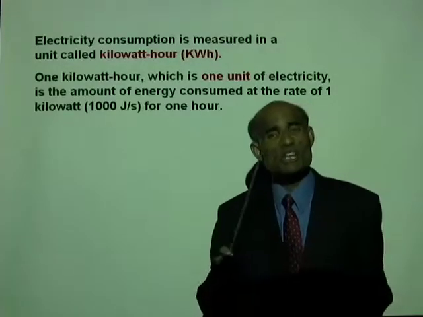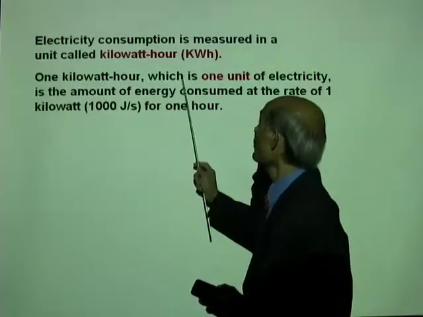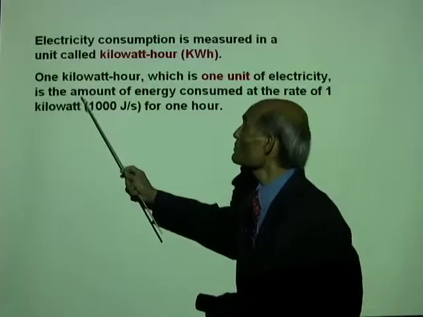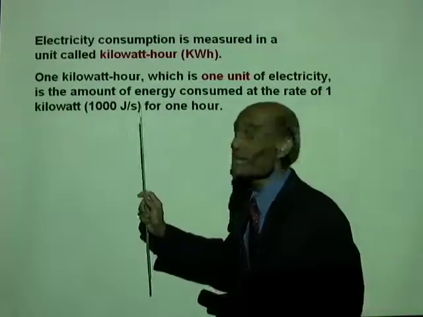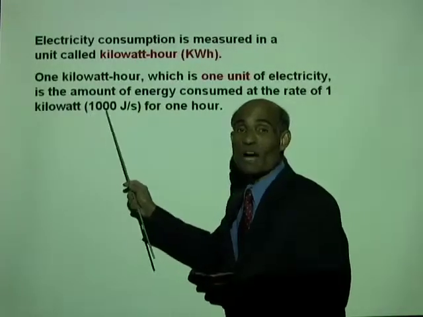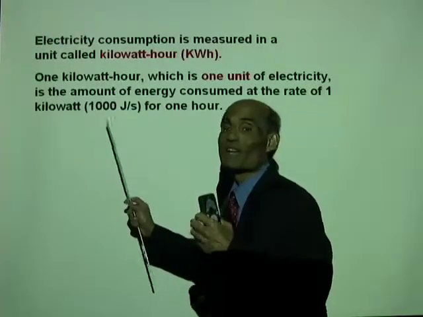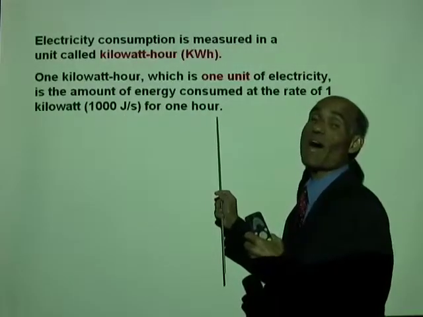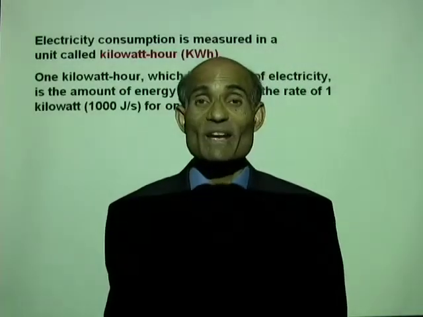How much energy is 1 kilowatt-hour? 1 kilowatt-hour, which is 1 unit of electricity, is a measure of the amount of energy consumed at the rate of 1000 joules per second. 1000 joules per second is a kilowatt. Now, if you use energy at this rate for 1 hour, that is a measure of 1 unit of electricity.